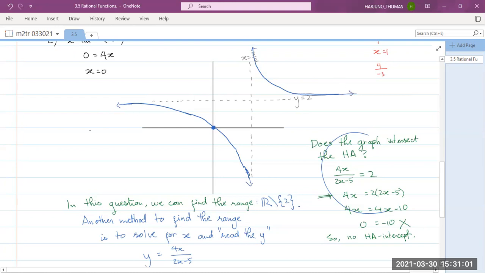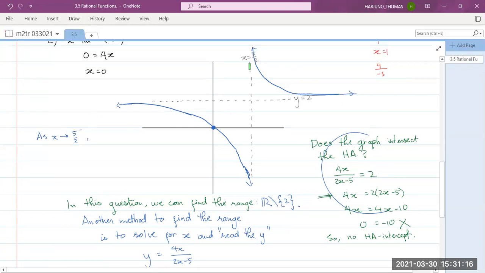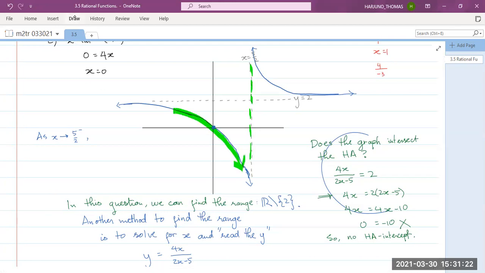Now from the graph, you can see that as x approaches 5/2 from the left-hand side, the value of the function is approaching negative infinity.